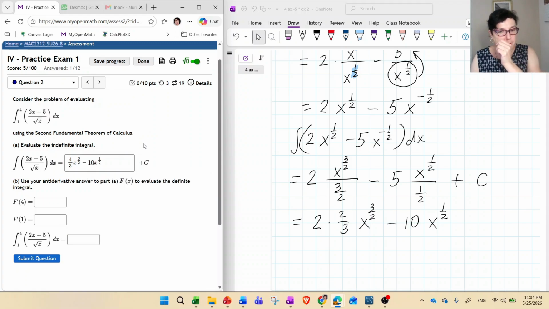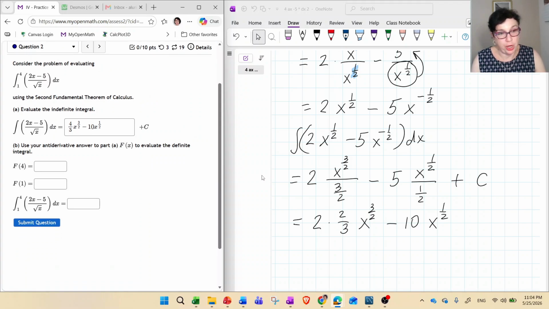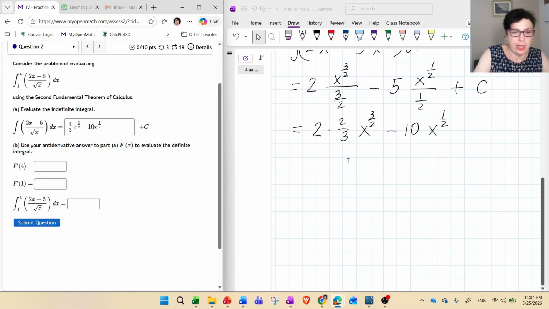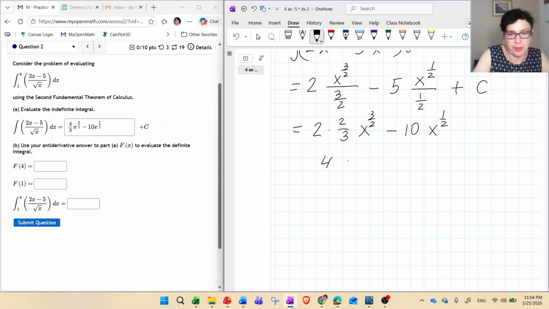Then what I need to do is actually evaluate the definite integral, because remember the original integral actually had limits, these 1 and 4, and I have to plug them in. I will do that without a calculator. You are more than welcome to do it with a calculator if you have one, but I want to practice without.